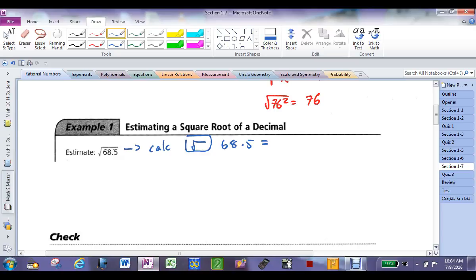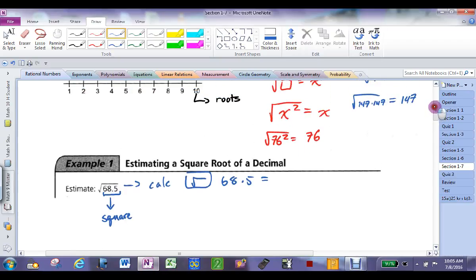Get an estimation, so you know if you have ended up at the right place. So what we're going to talk about here is how to do this without our calculators, to get an idea. Now, 68.5, since that's under the square root sign, this must be a square, yes? I am looking for the root.